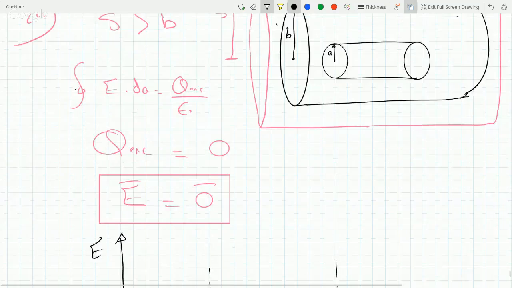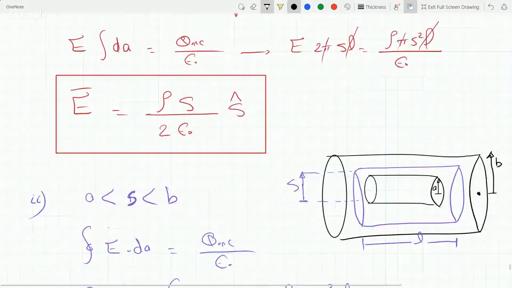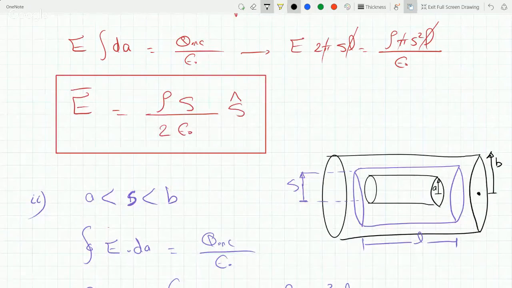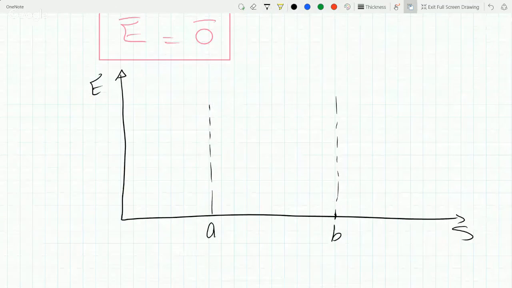And then S goes on. Now, when we were less than A, it was linear in S because rho over 2 epsilon is some number multiplied by S. So that's a straight line. It's going to go something like this, going to 0 because when S is 0, E is 0.